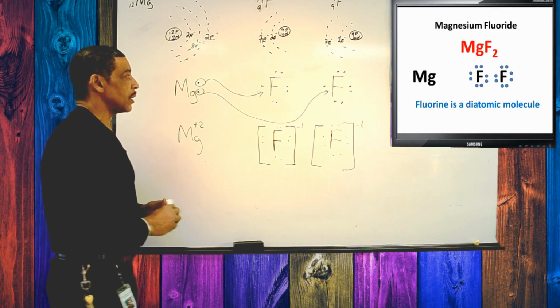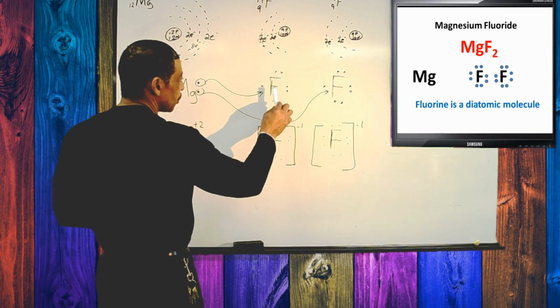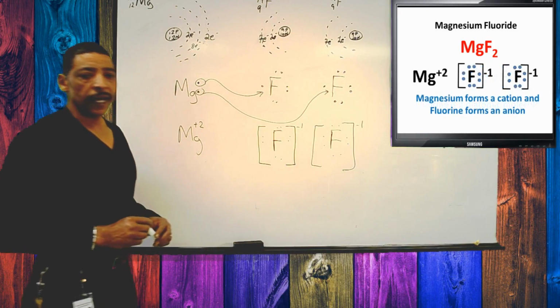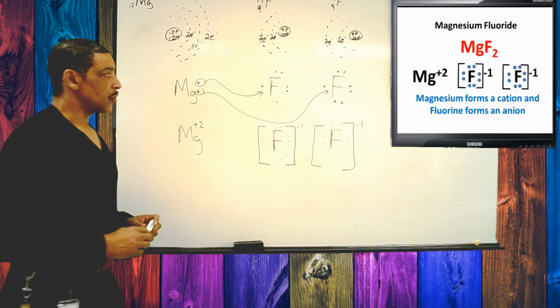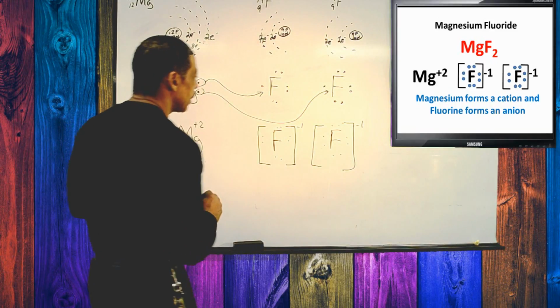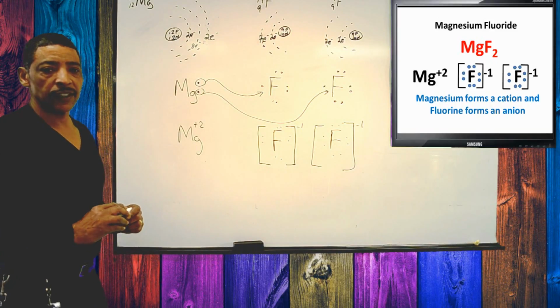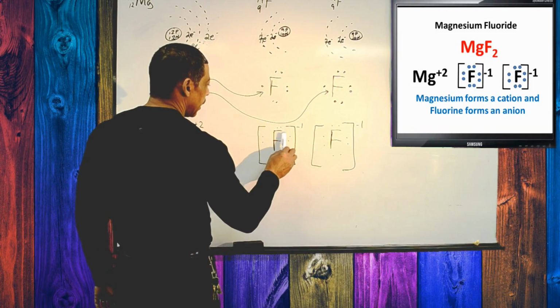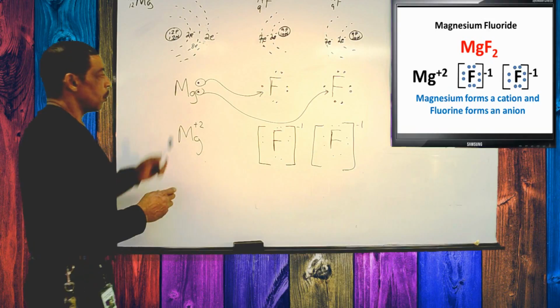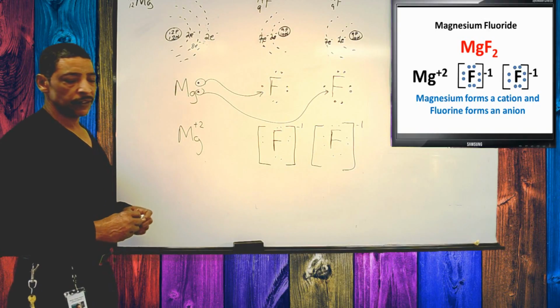After gaining 1 electron, we produce the fluoride anion that has a negative charge. Since the formula for magnesium fluoride is written as MgF2, we will produce 2 fluoride anions, and of course 1 positively charged magnesium cation.